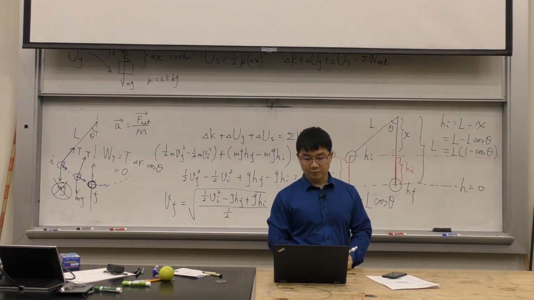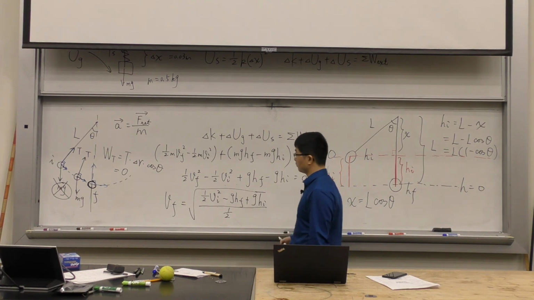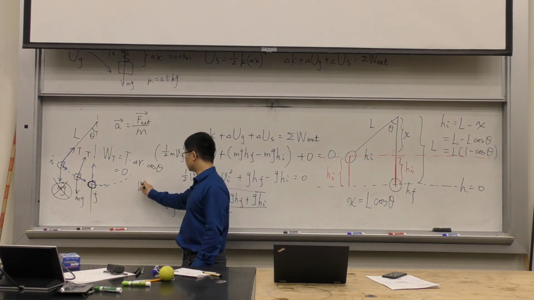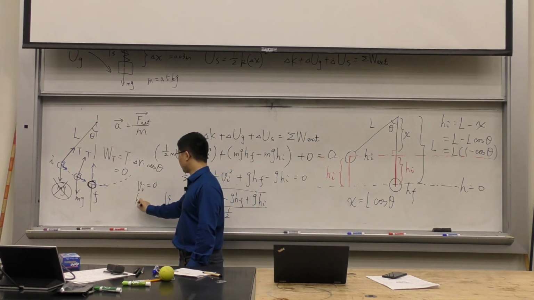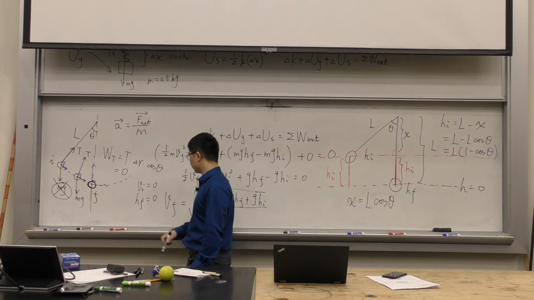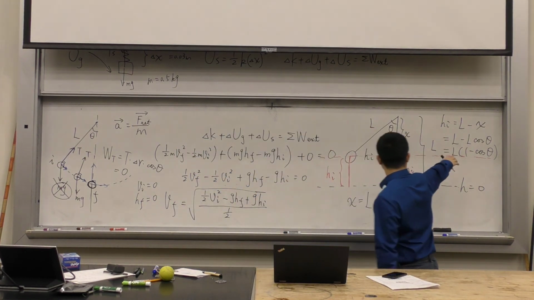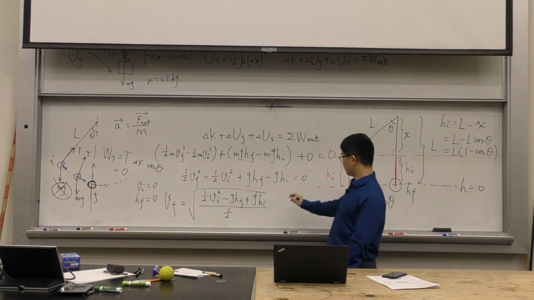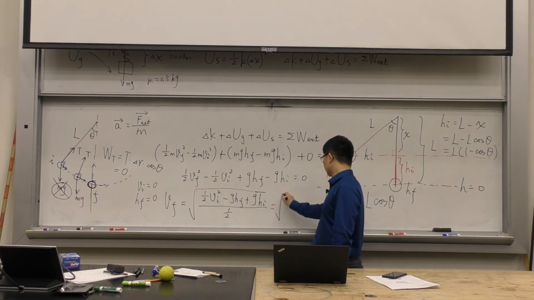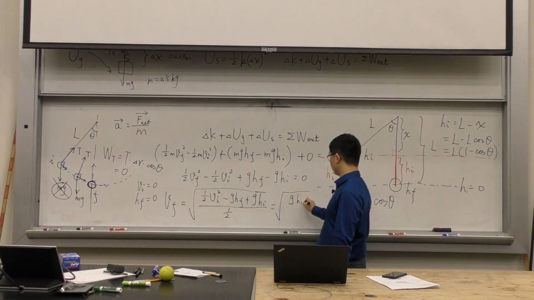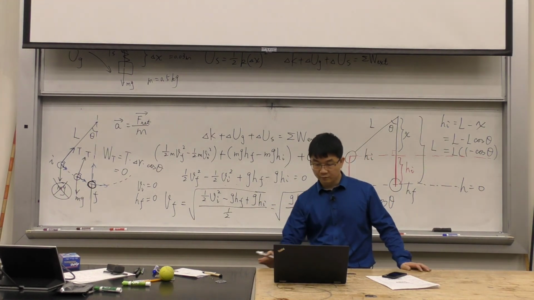Now let's plug in all the symbols we have. Initial velocity is 0, final height is 0 because that's my 0 reference, and then the initial height is this. So this is just going to become 0 minus 0, so you're just going to get g h_i, times 1/2, and then you take a square root.